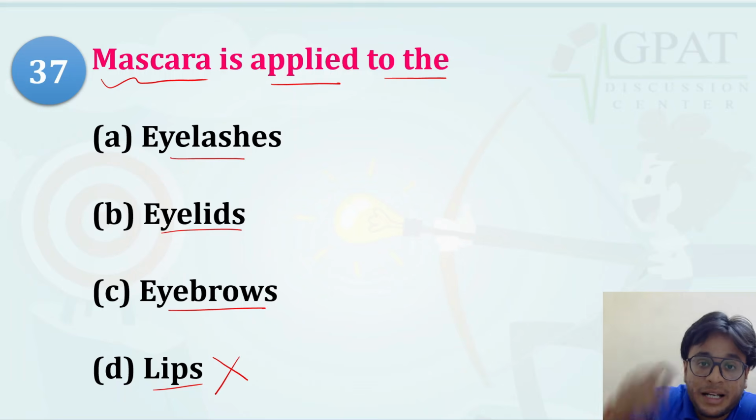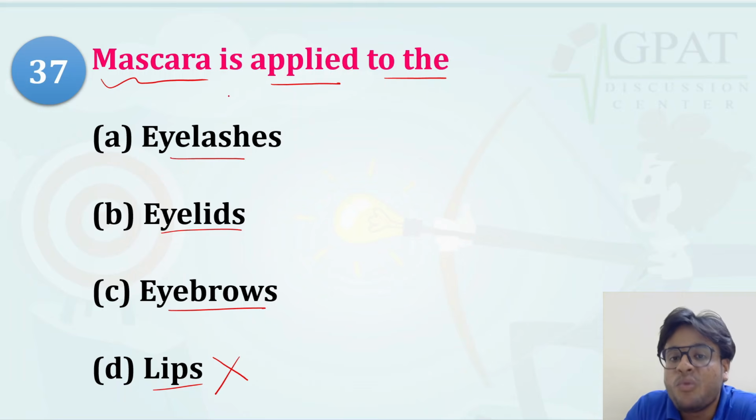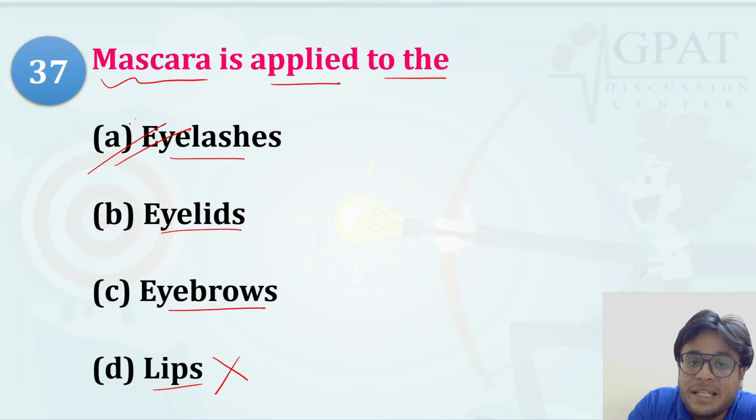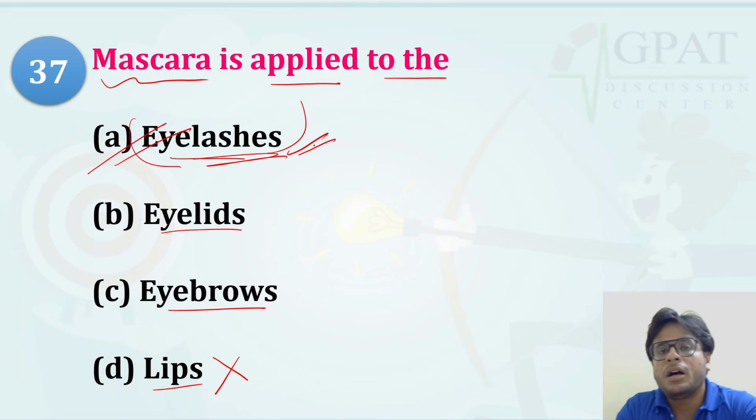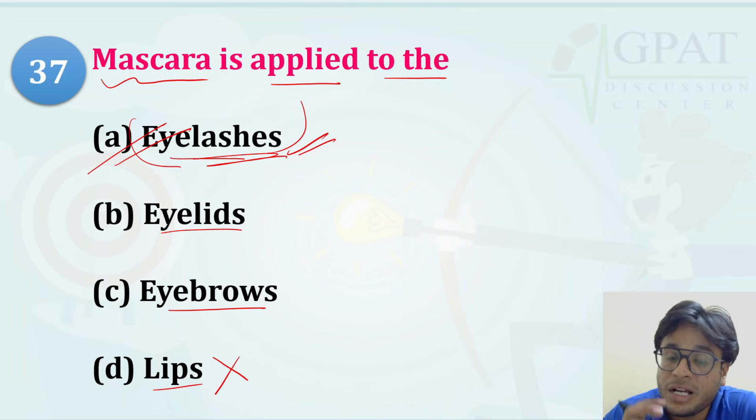Yes, in order to alter and improve the appearance of our eyelashes, we mainly utilize mascara. So I am asking you a question: which kind of pigment is being used, and in which concentration, for the mascara preparation? Eyelashes are the part where the mascara is being used.